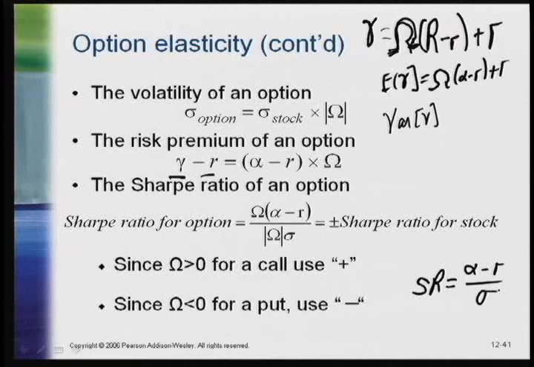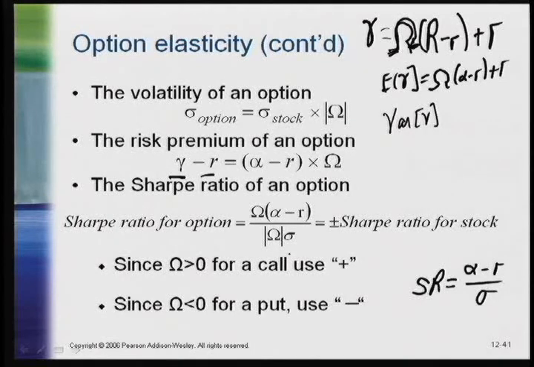So the Sharpe ratio for a security is the expected return minus the risk-free rate, which is the risk premium, divided by the volatility. And so we can see that the Sharpe ratio for the option in the numerator needs the risk premium, that's omega times alpha minus r. In the denominator we need the vol, and that's the stock vol sigma times the absolute value of omega.